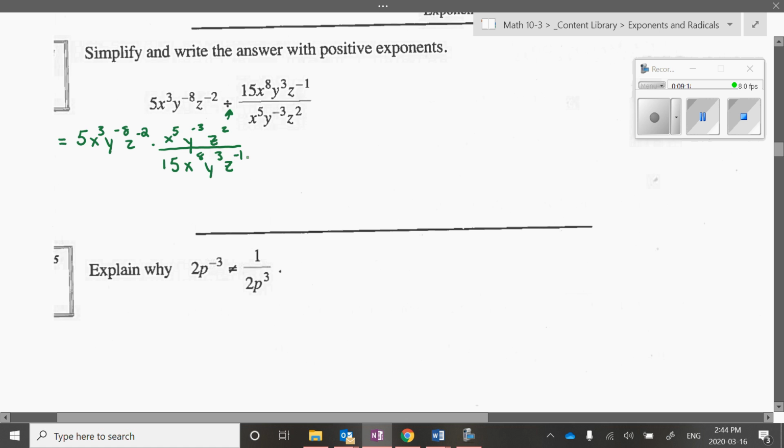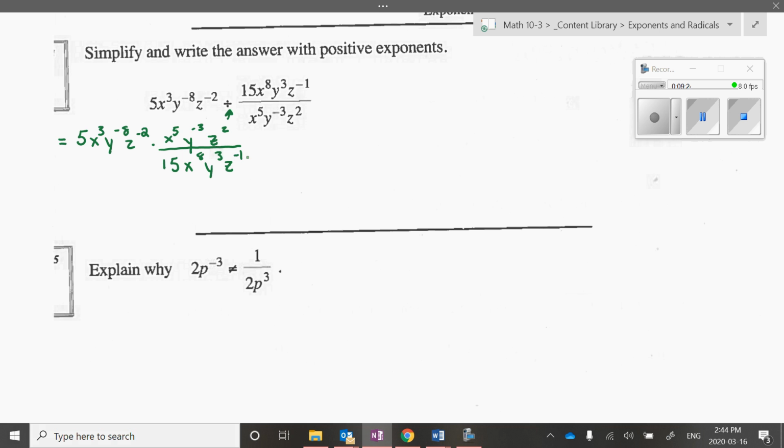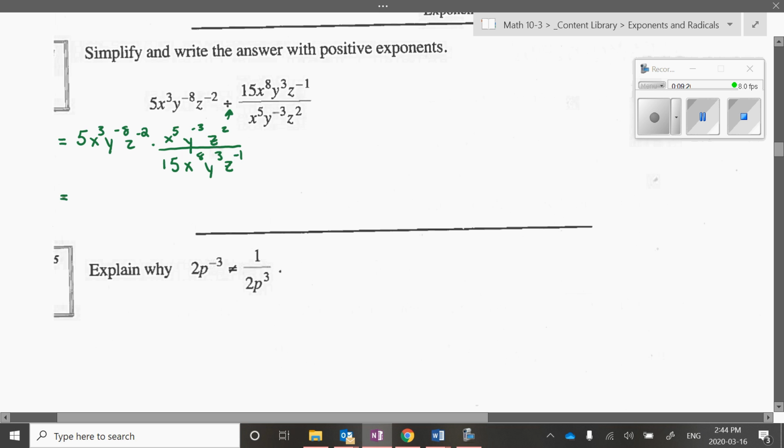Now I'm going to deal with combining my like terms, and then I'll deal with my negatives. Again, a few ways you can do this. So to start off with, I'm going to deal with my wholes. 5 on my numerator, 15 on the denominator leaves me with a third. Divide each of them by 5. My x's, I have 3 x's here and 5 here, so that means I have 8 x's on my numerator.